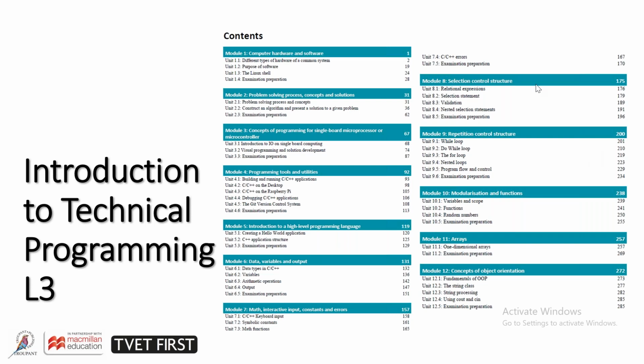So we have 12 modules in this course. And what you'll notice with our book is that we use our experience of teaching programming and designing programming books for various levels to work with our actual outcomes and the order, in the sense that it makes it easy to teach and easy for the learner to grasp.